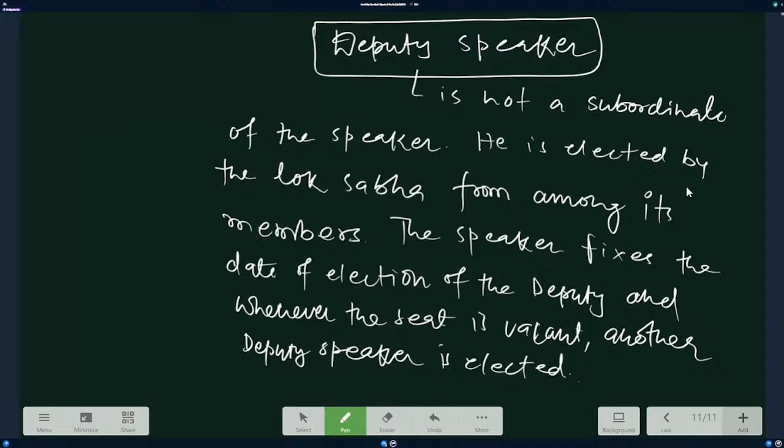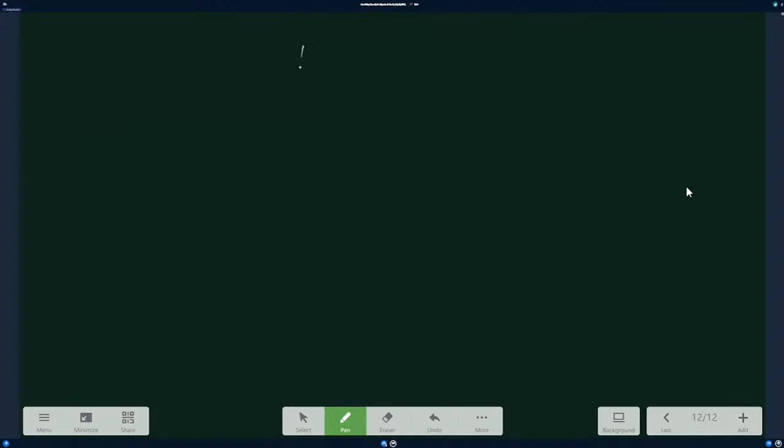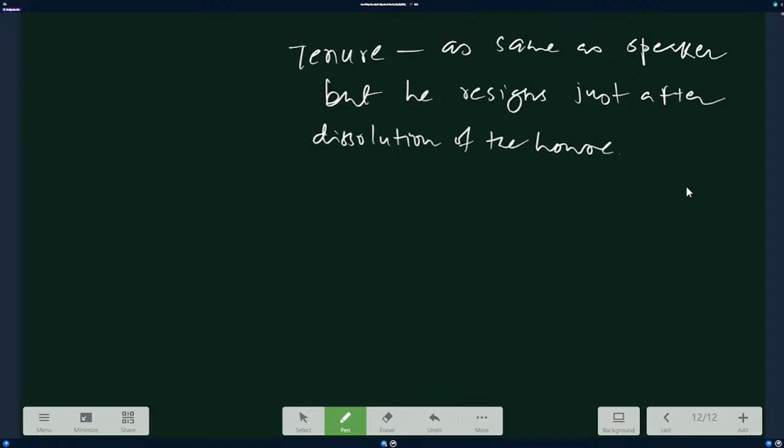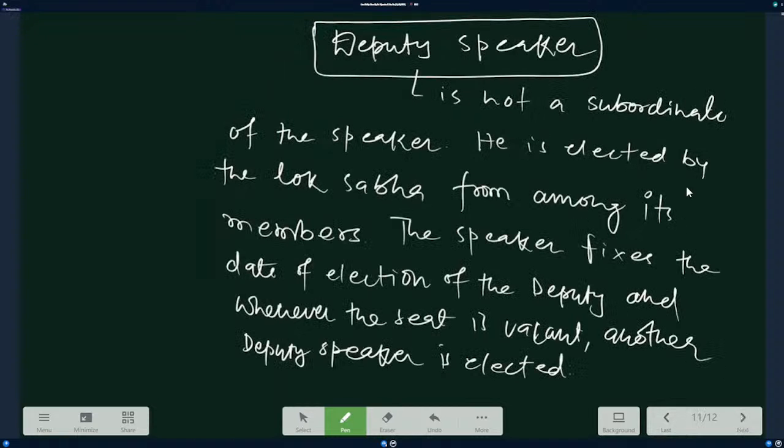Fine. What is their tenure? As same as the speaker, but he resigns just after the dissolution of the house. Only the speaker's post remains in position just after the dissolution of the house; otherwise everyone resigns. So the tenure is the same as the speaker.